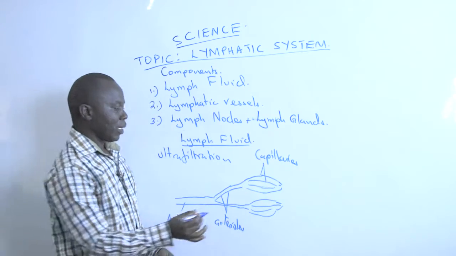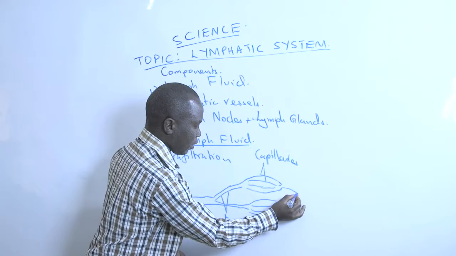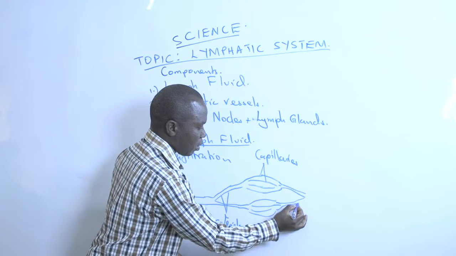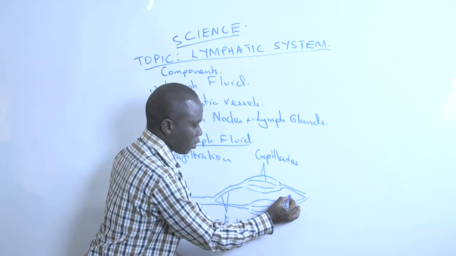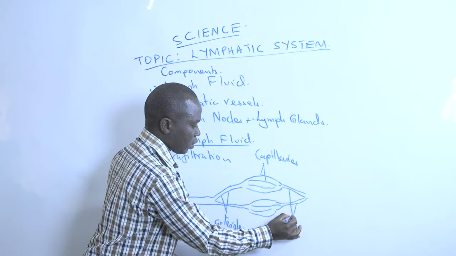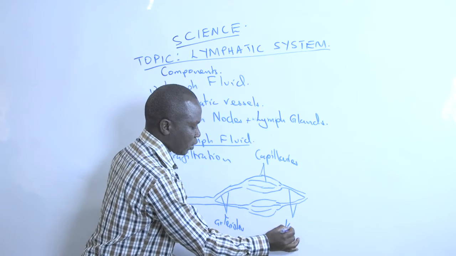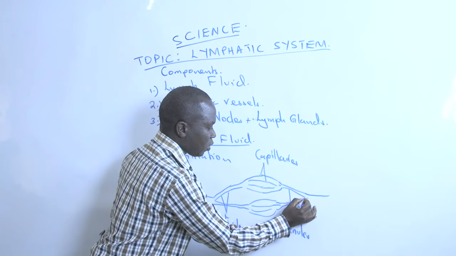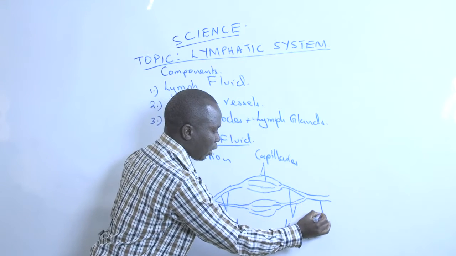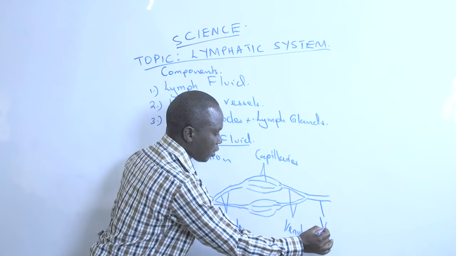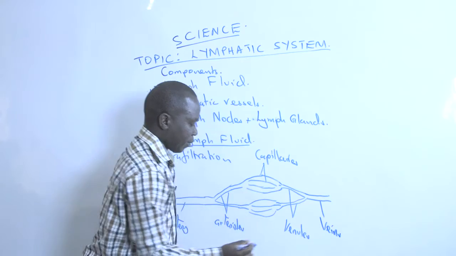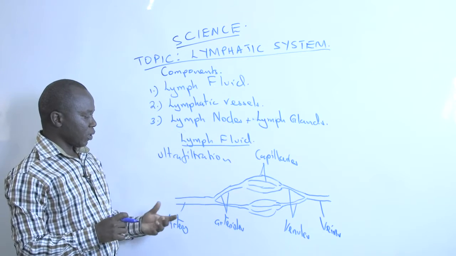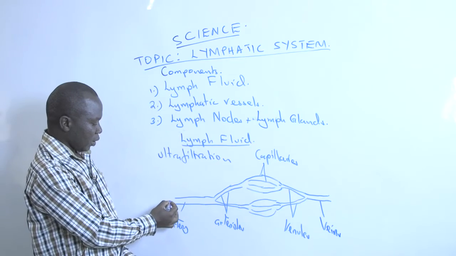These capillaries will later join again into slightly larger tubes called venules. And then venules join into large vessels called veins. Now, for us to understand how lymph fluid is formed, we shall go through this.